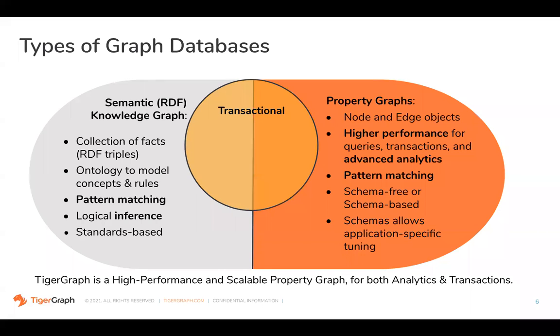The differences come in where a semantic graph thinks in terms of individual facts, and then you have an ontology which you use alongside or on top of those individual facts to provide an interpretation model for understanding those facts.